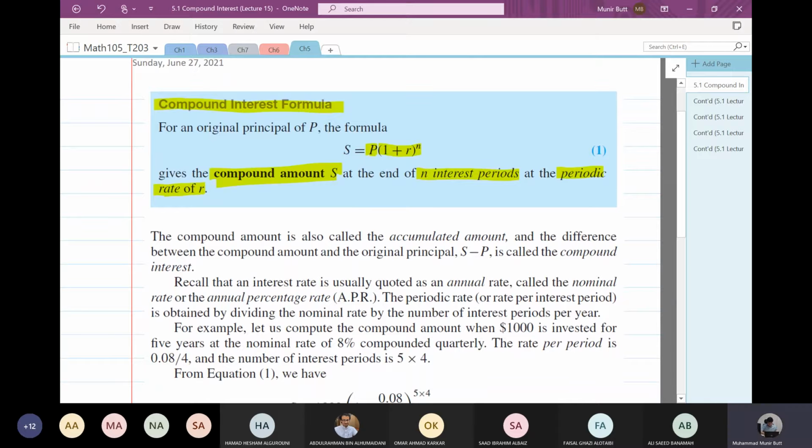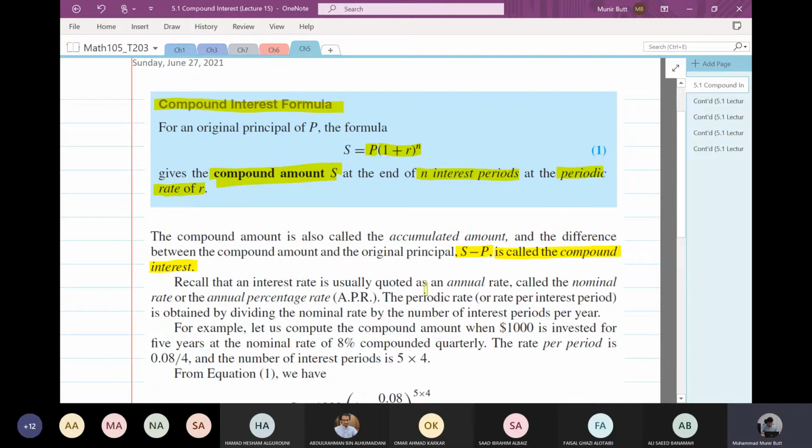This is the compound amount after a certain period of time. If you subtract this compound amount from the original principal, the original capital, then it is called the compound interest.